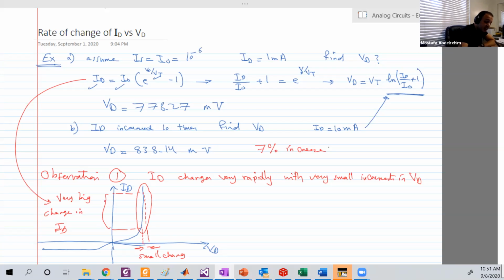It's actually here 10 times. 10 times means 1000%. So for a 7% increase in VD, ID increases 1000%, or 10 times.